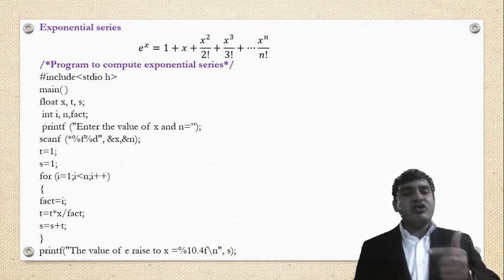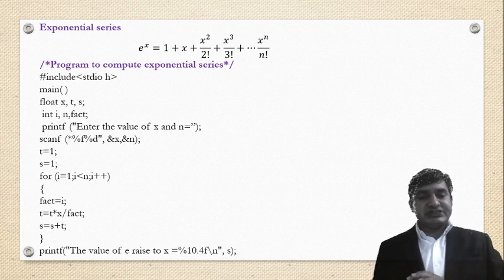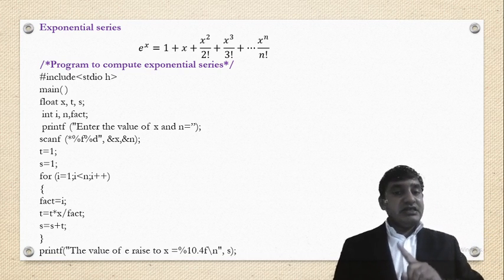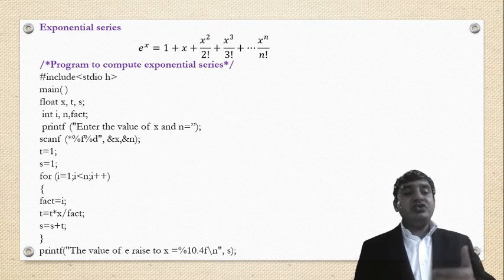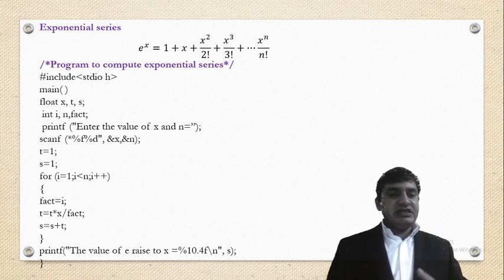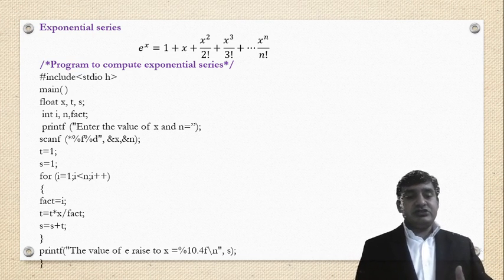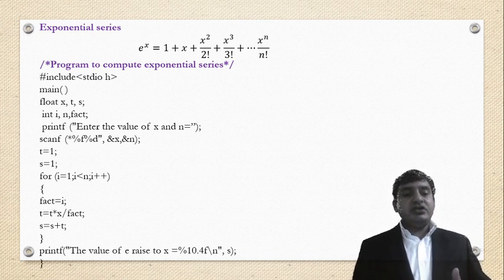Slash n is for new line, comma s. This s value is displayed on the screen. And obviously the program ends with the closing curly bracket.